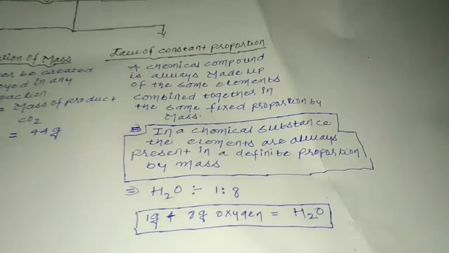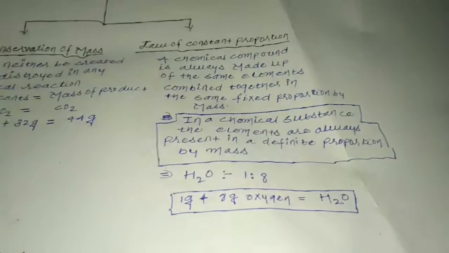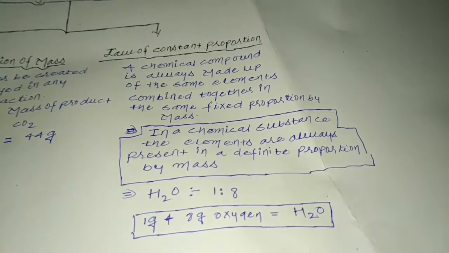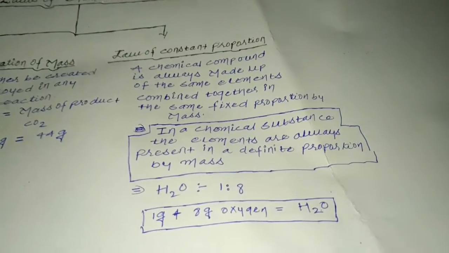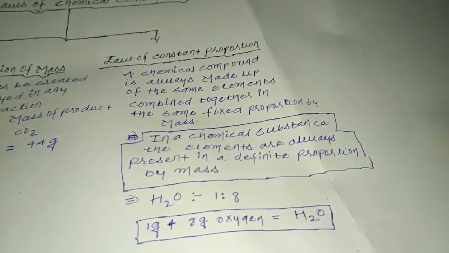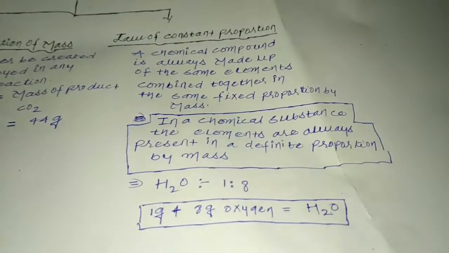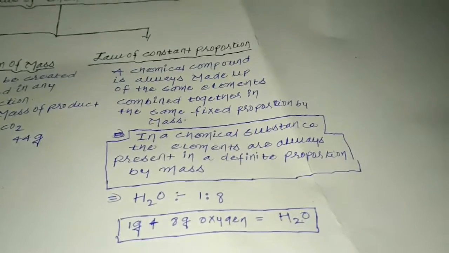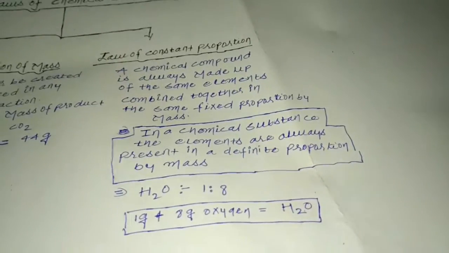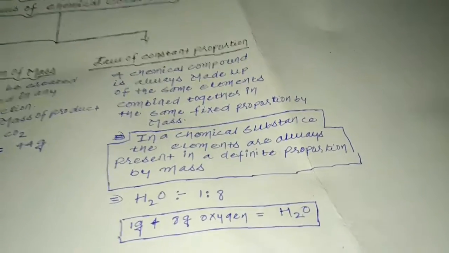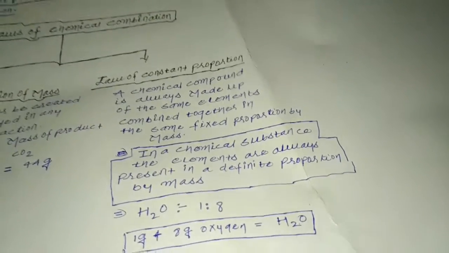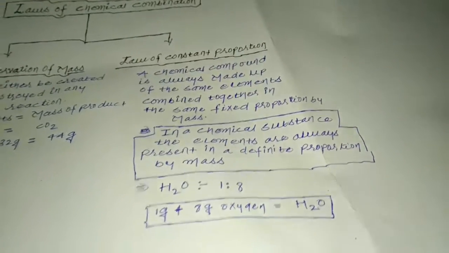We all know that water is a compound, and water is made up of 1 gram of hydrogen plus 8 gram of oxygen. Means water is made by mixing hydrogen and oxygen in a proper and definite proportion, and we get the compound H2O.